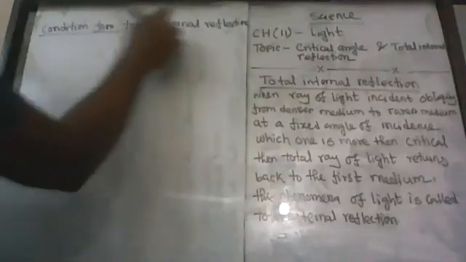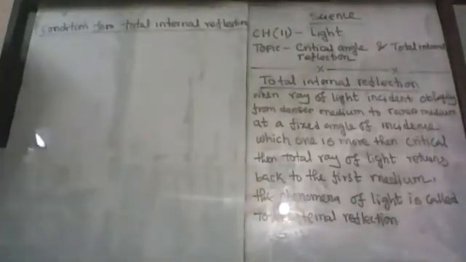You see, boys and girls, there are two conditions for the case of total internal reflection. The first condition is that the ray of light passes from a denser medium to a rarer medium. If the ray of light doesn't pass from denser to rarer medium, then no total internal reflection will be observed.